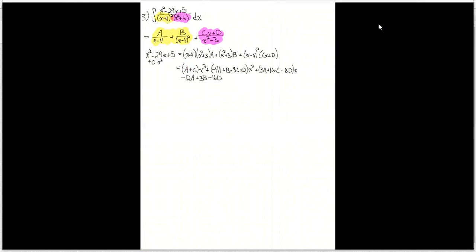So this 0 is what we're relating to this. Now the 1 that's in front of this x squared is related to this guy here. Then this negative 29 is related to this guy. And then our plus 5 equals this.